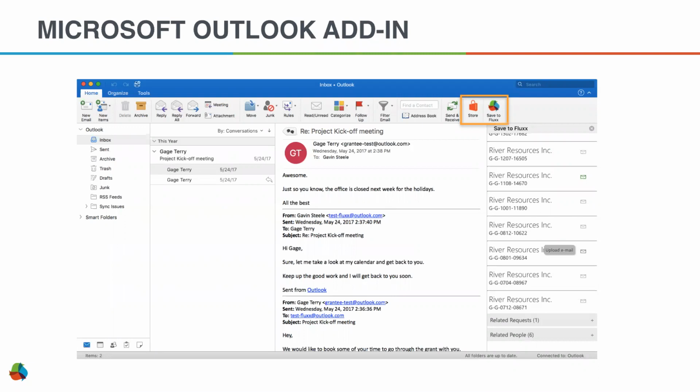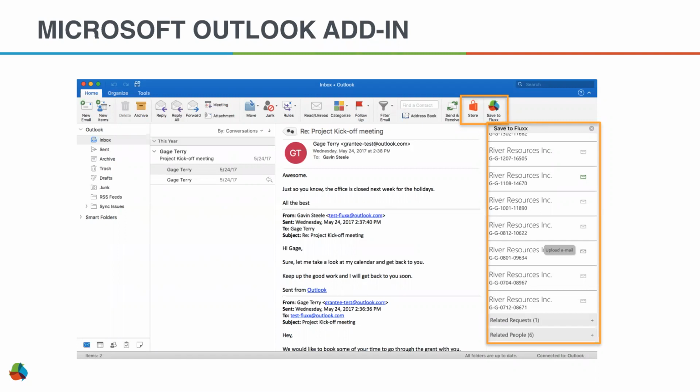But once you add the app, you'll see the Save to Flux icon as well as the modal on the far right of the screen. Note, you'll see all the connected grants, requests, and users that are connected to the user in the selected email. The user's email address in Outlook must match their email in Flux for the connection to be made.